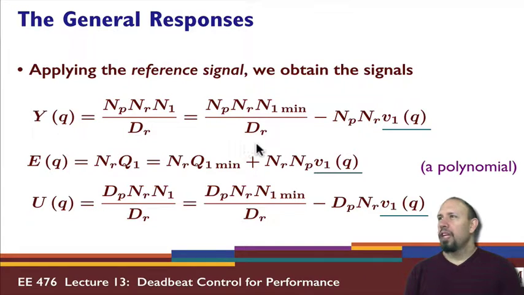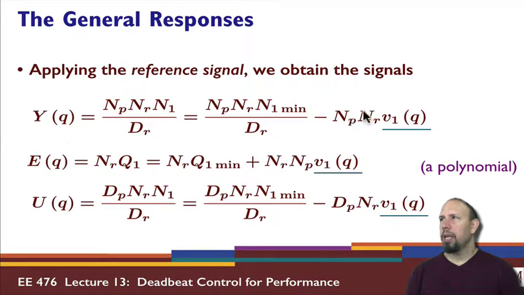But for now, we can see that basically the effect of each of these signals is a polynomial in the unknown V1. Okay, so it has some term, and then it has a polynomial that is a function of V1, where V1 is a factor. And so in each of these cases we have that.